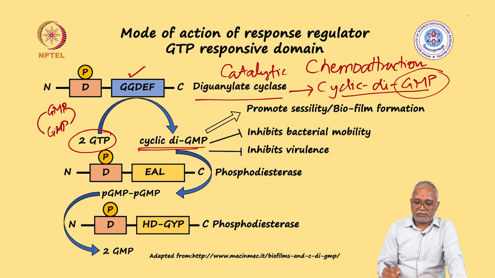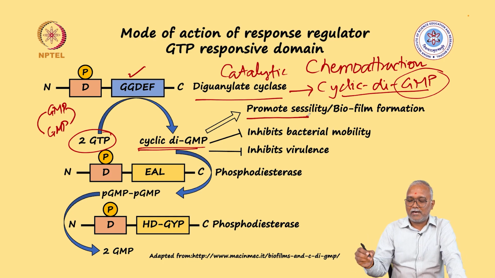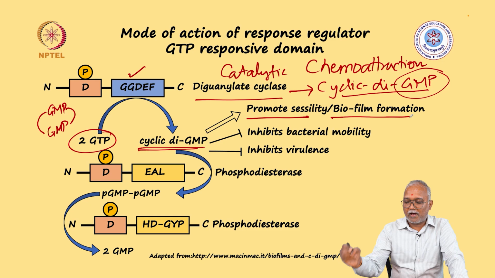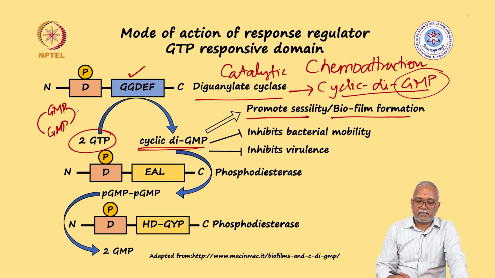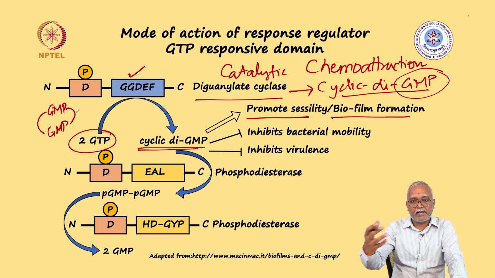This molecule is a big chemoattractant which will ensure that bacteria prefer a sessile lifestyle, which will induce biofilm formation. Okay, so the presence of cyclic di-GMP will be sensed by the other bacteria in the vicinity, and they will come together and then form the film.